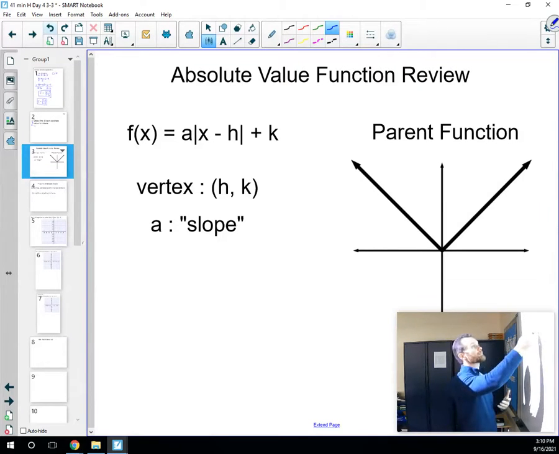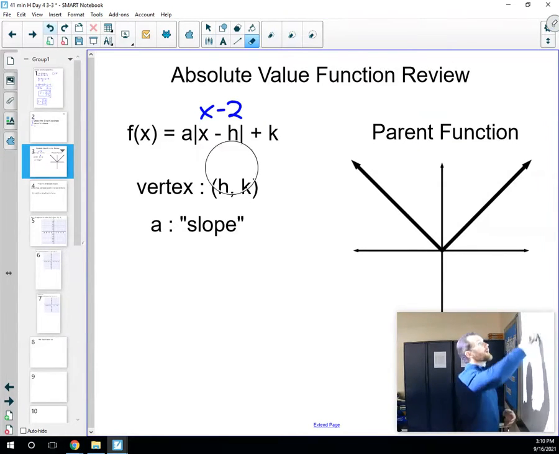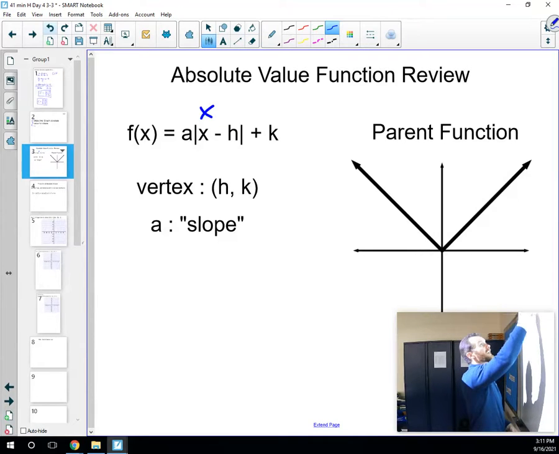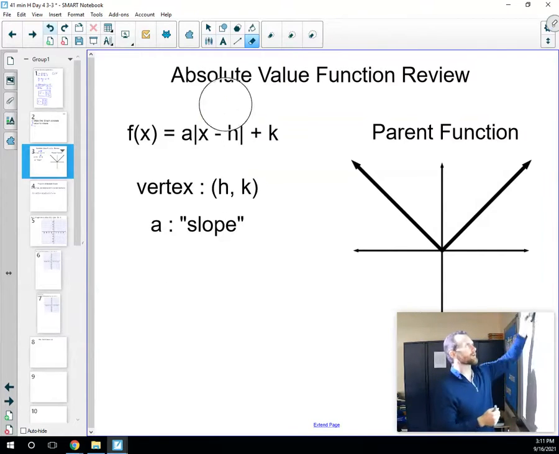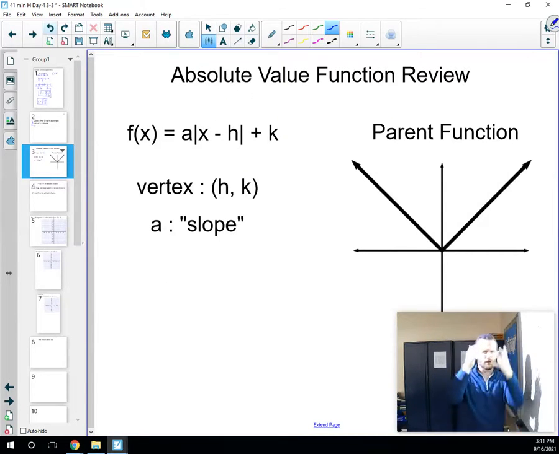For example, if this had been x minus 2, then the h value would have been positive 2. If it had been the absolute value of x plus 8, then we change the sign and the h value is actually negative 8. So whenever you're finding your h value, the x coordinate of the vertex, change the sign.